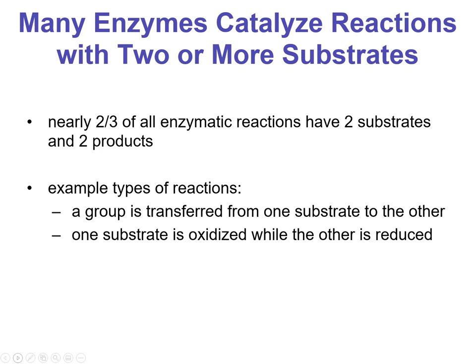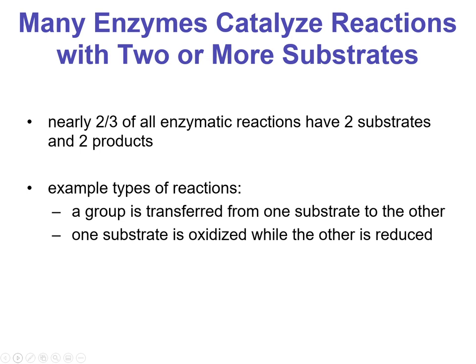You're forming a bond between the enzyme and some other group, like a phosphate group, perhaps, and then you can transfer that onto a substrate. So that would be an example of a covalent mechanism, and you have two substrates, the thing that's providing the phosphate and the thing that's getting the phosphate.